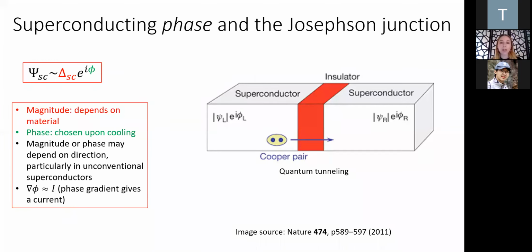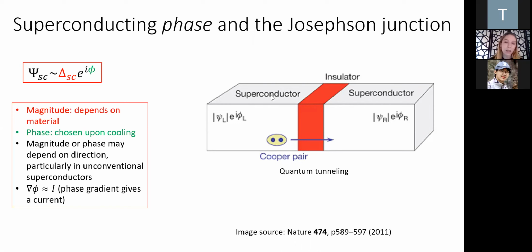So in general, you'll have some phase difference across this barrier, and you can have a current flowing. You can also transfer Cooper pairs from one superconductor to the other across this insulating barrier. This is called quantum tunneling.